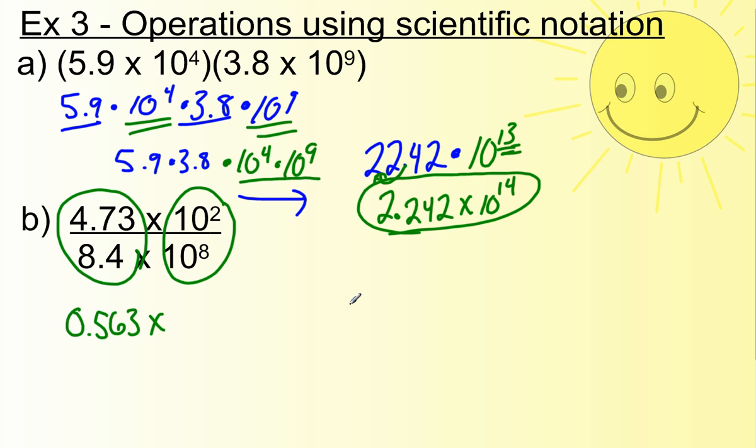I can tell you right now, having them both on the top is going to be easier. So if I have 10 squared, and remember what happens when I move him up top, this exponent changes sign from positive to negative. So it becomes 10 to the negative 8th. And now again, I have two powers with the same base. I add the exponents together, get 10 to the negative 6th.